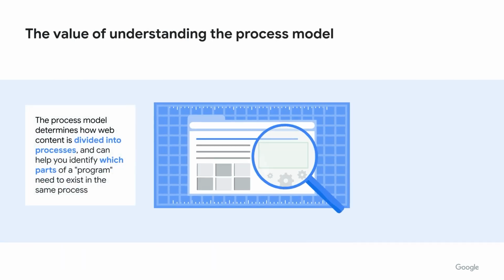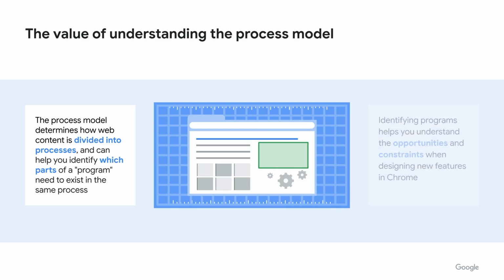Chrome's process model determines how documents, workers, and other web content are divided into processes. It's designed to carefully identify which parts of a program on the web need to coexist in a single process. Knowing how programs are identified can help you understand the constraints for designing new features and the opportunities for changing process model behavior.